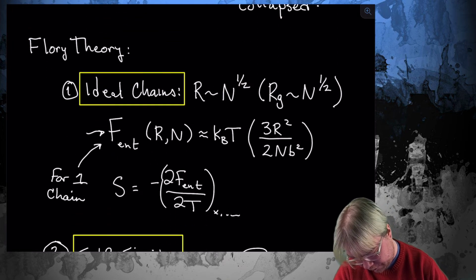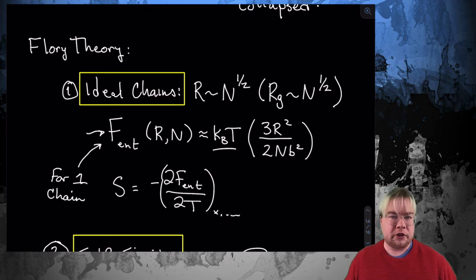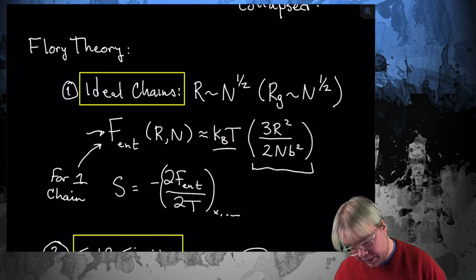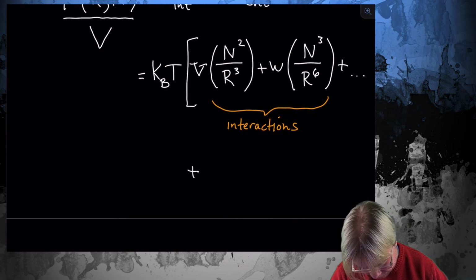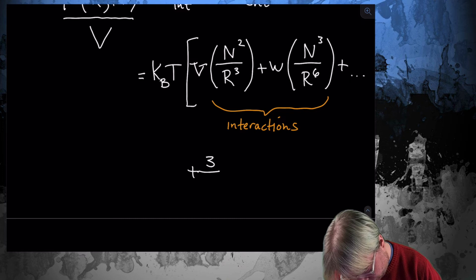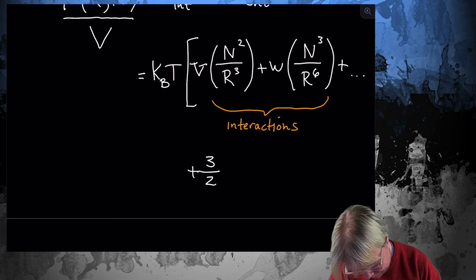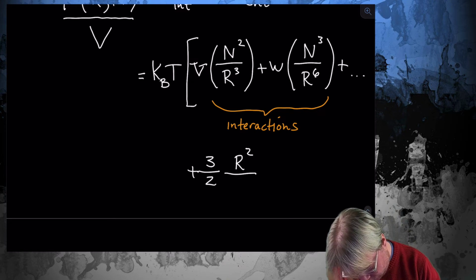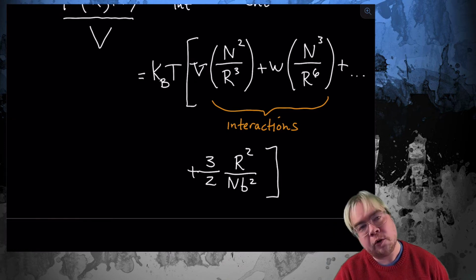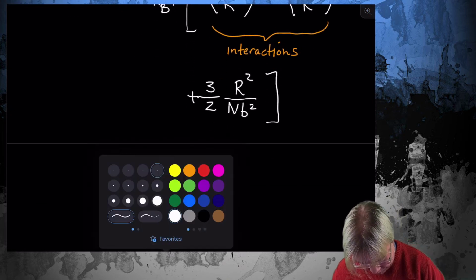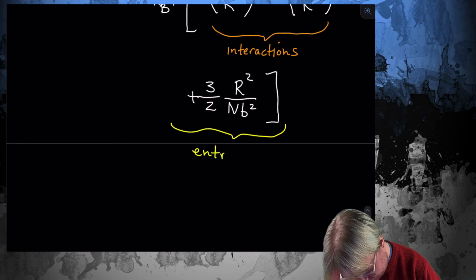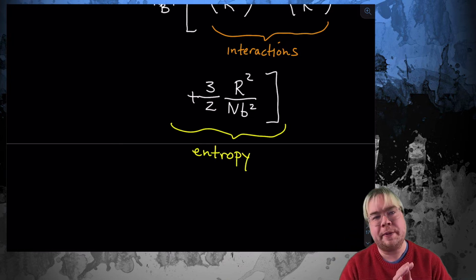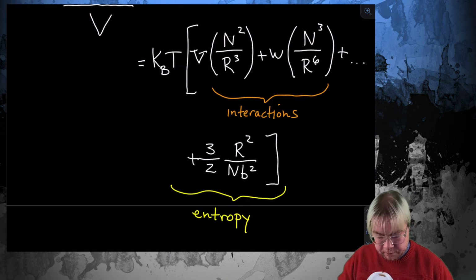We've got the kBT out front, so we're just going to put this second term into the brackets. So that will be plus 3/2 times R squared over n b squared. And just to be very clear, that term is due to entropy.